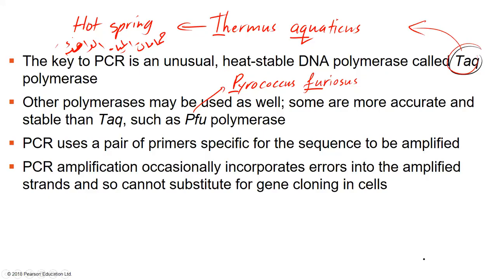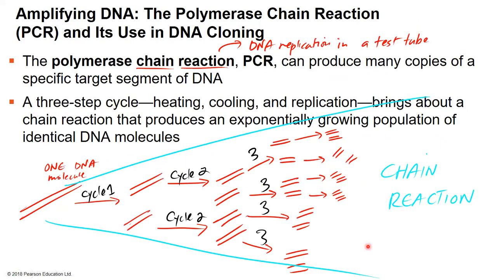Now, there is an equation that allows us to determine how many DNA molecules could be generated in the PCR. So we have this equation, which is N equals N naught multiplied by 2 to the power of the number of cycles.